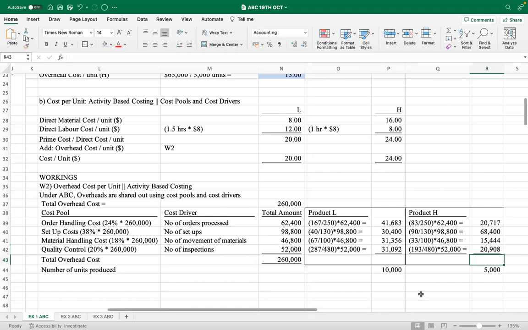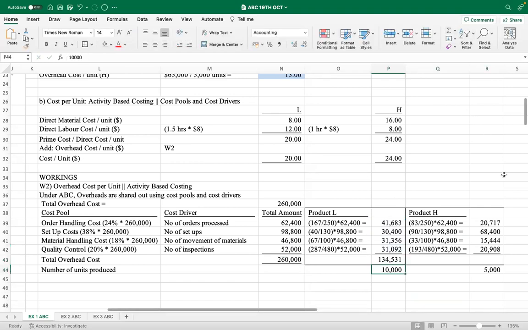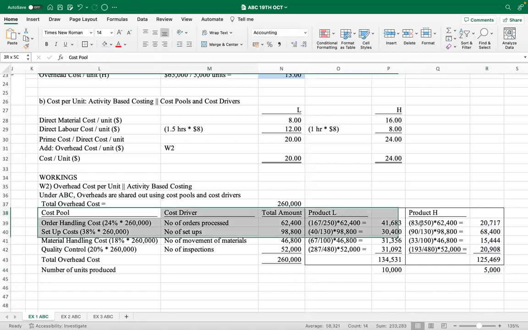So we have calculated all the overheads. Now we get the total overhead for product L. It is 134. The total for product H is given there.